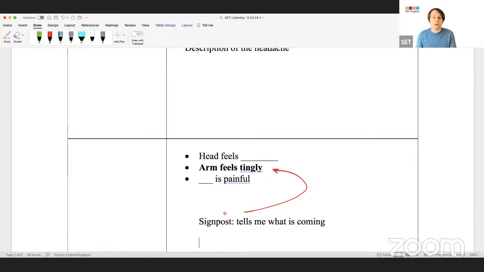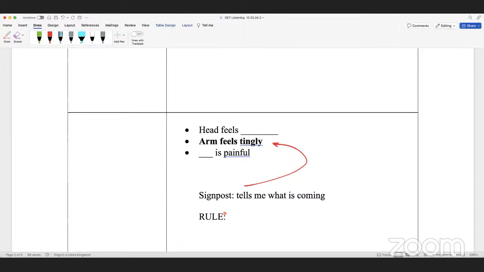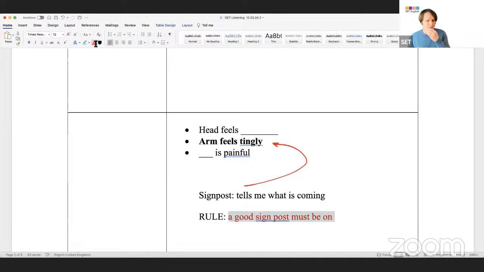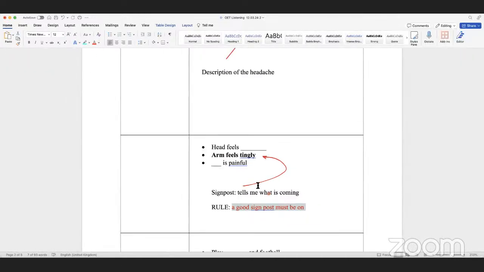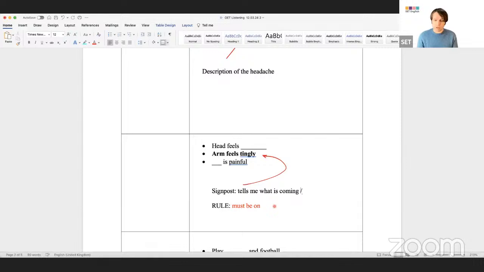What's my rule? Alexi, would you say hello? Do you know my rule? After the signpost we can wait for the right answer. Say that again. It is important because we can understand which part of the dialogue we are in.